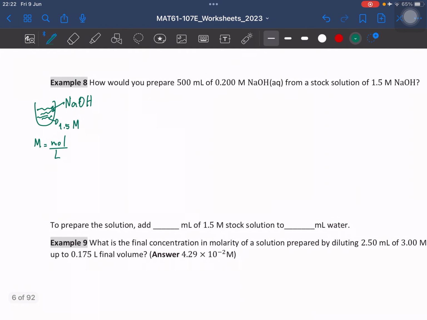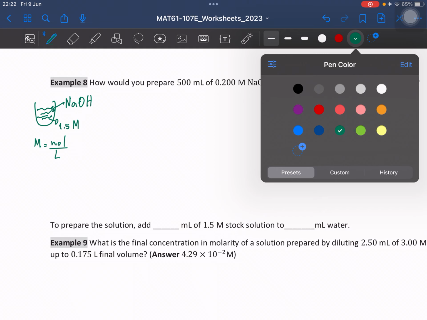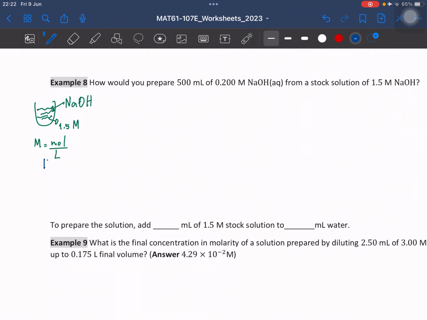That means, again, you want to dilute it with water, so that altogether you have 500 milliliters and the concentration is 0.2 molar.